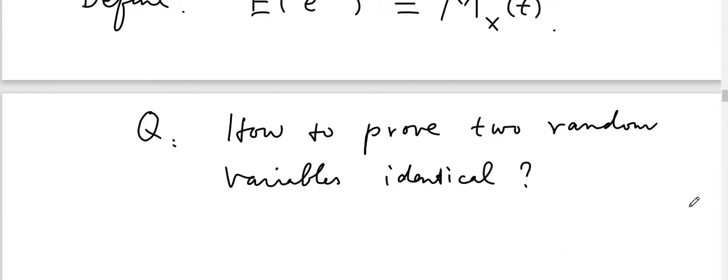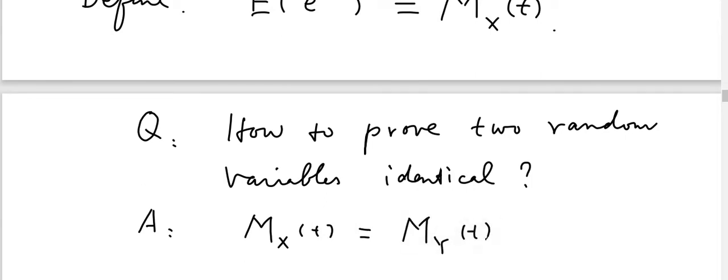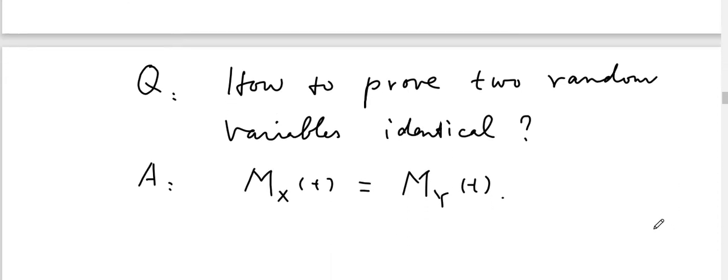So the answer is we just can show that the moment generating function for X and the moment generating function for Y are the same. If the moment generating functions are the same, then we can say X and Y, these two variables, are equal, or equal is not so precise, we say identical. So why can we not say equal?